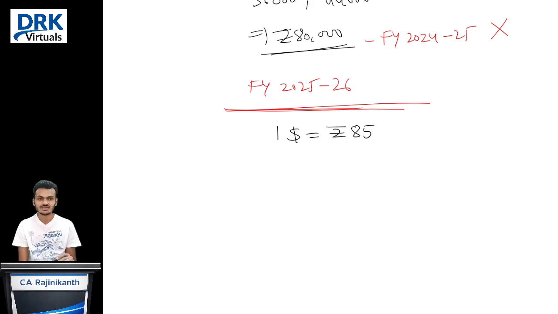Whether you are going to make the repayment during the second financial year, or you are not going to repay the loan during the second financial year, we need to restate at the end of the second financial year also, as per Ind AS 21, correct? So at the time of either of these two things, our exchange rate is assume rupees 85.